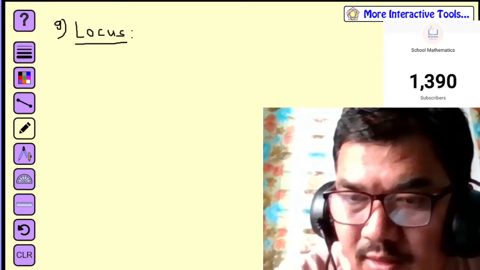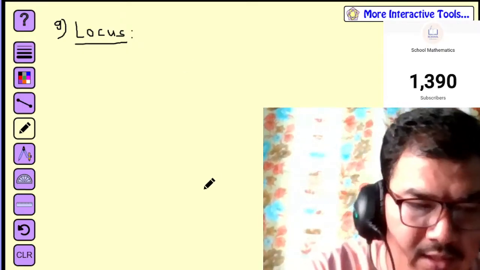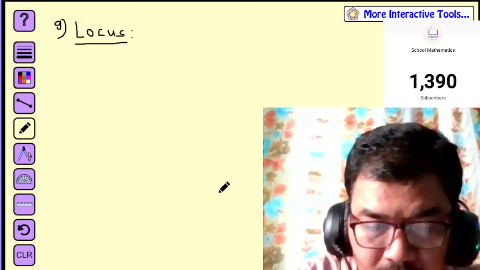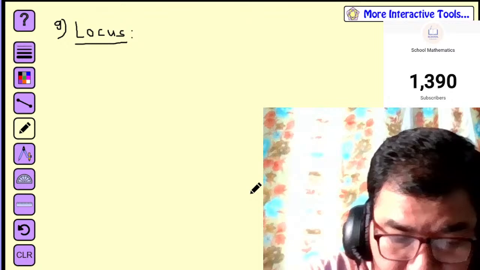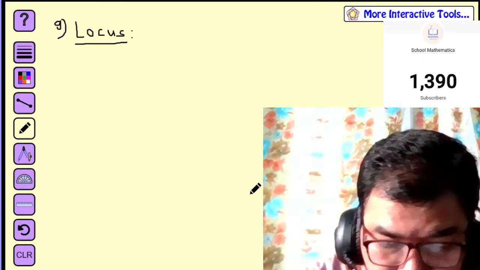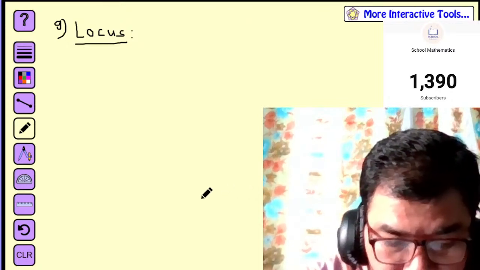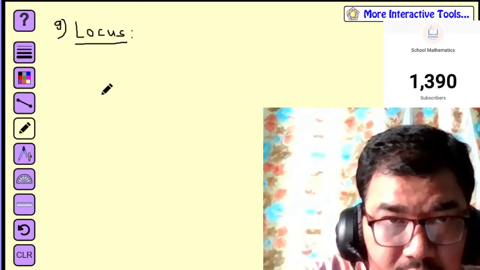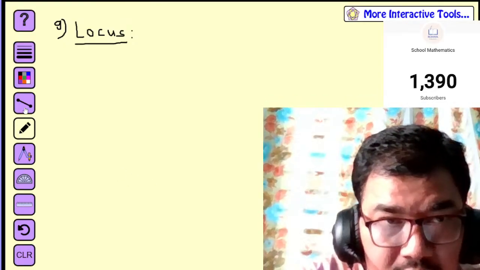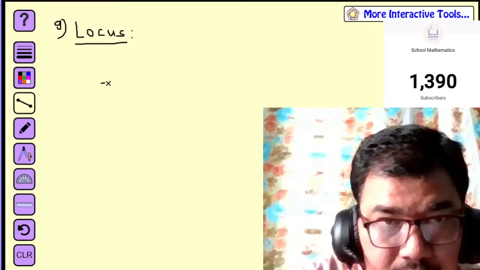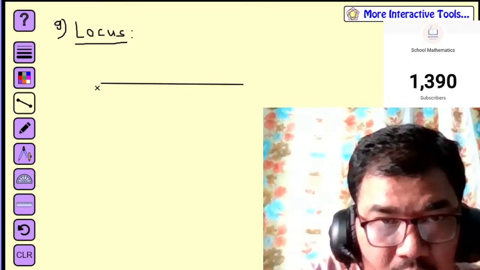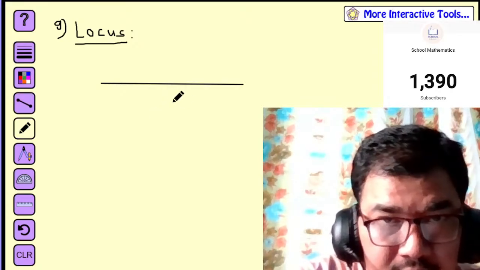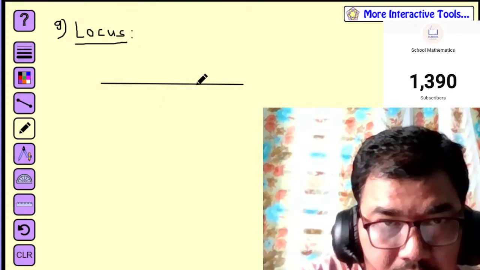As I told you the definition already, locus is the path made by or traced by the moving point, and the question will be given like this. Look here. Suppose this is the question. One path is there, a straight line. This path is one locus, and its equation is given there.